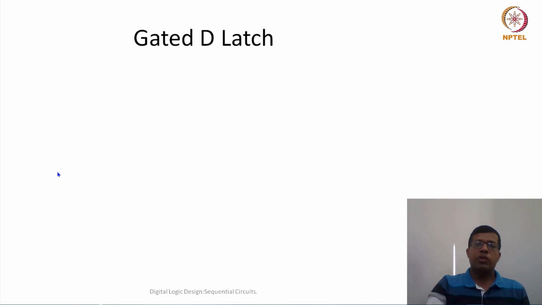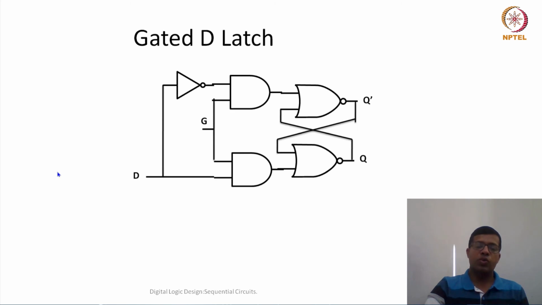Now there could be one more interesting variation of this gated latch. In that case, instead of 2 inputs, let's create only 1 input, which will also make sure that this particular condition never arises, that both of them are 1 1. So here, whenever D is 1, the other input is going to be D dash.